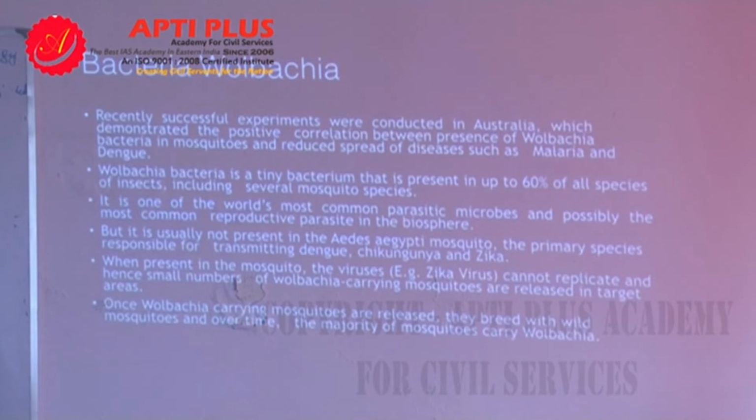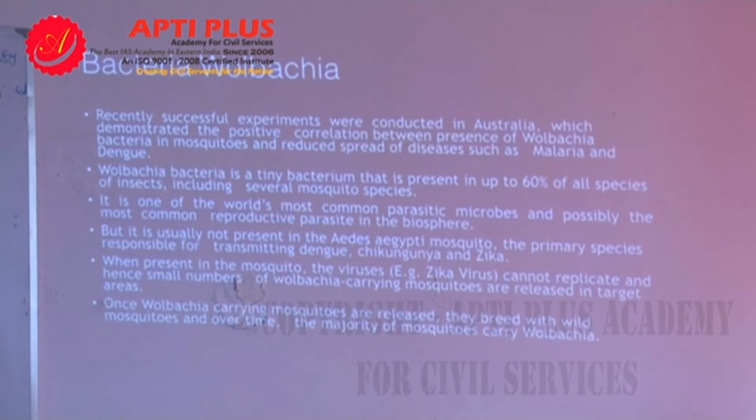When Wolbachia is present in the mosquito, the Zika virus cannot replicate. If we place this bacteria, which is naturally not present in the Aedes mosquito, into the Aedes, what will happen? That mosquito will not transmit the disease. This is what scientists have done in Australia.